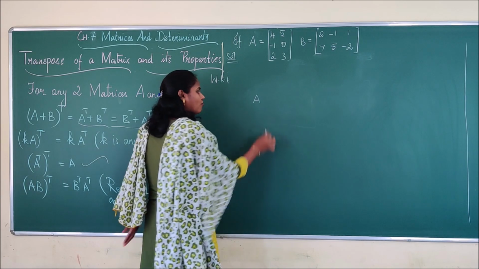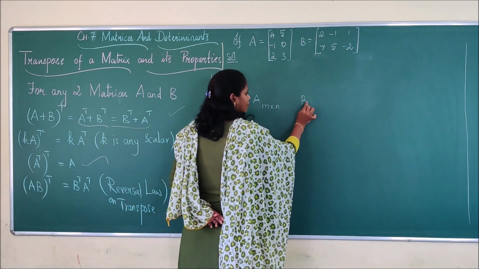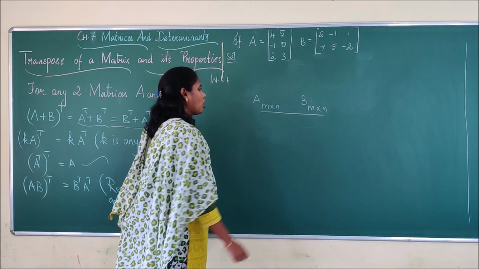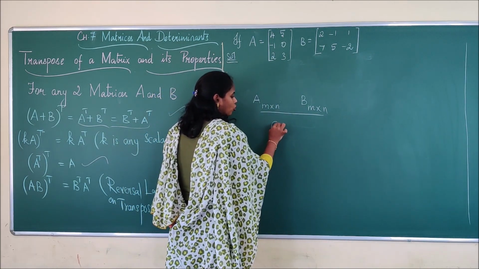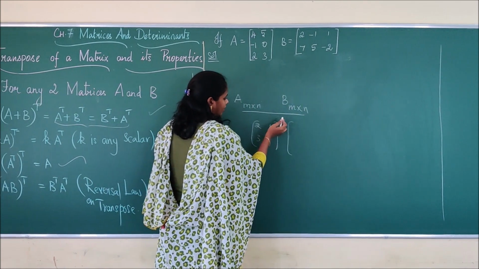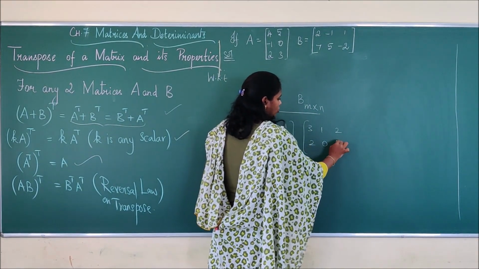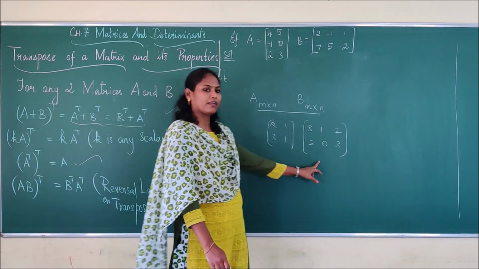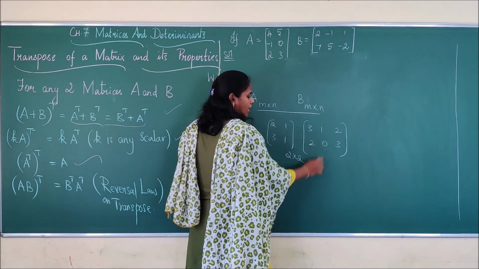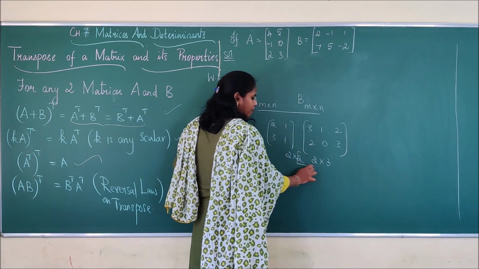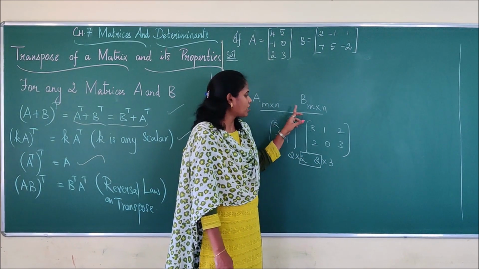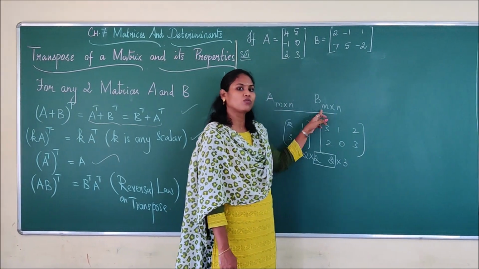If A is any matrix of order m cross n and B is any matrix of order m cross n, these two matrices cannot be multiplied.